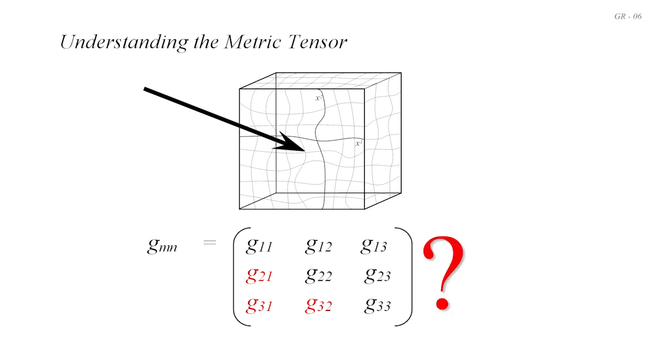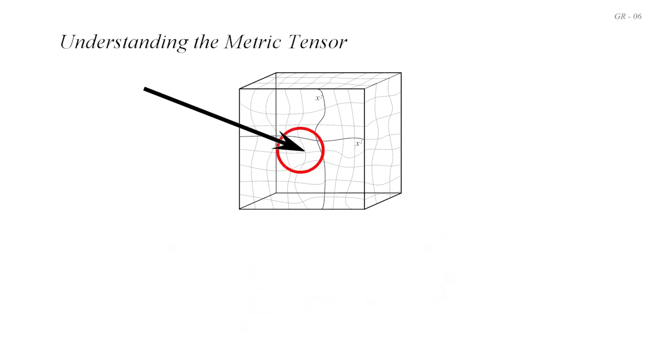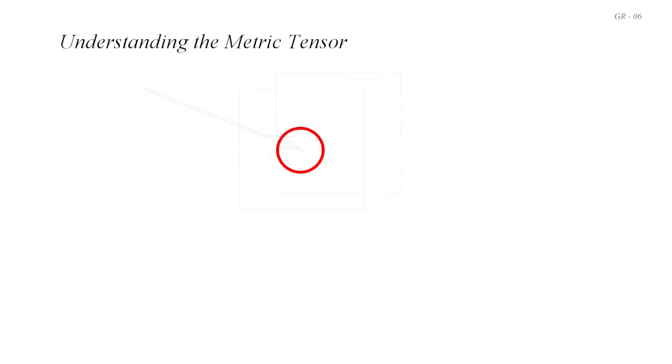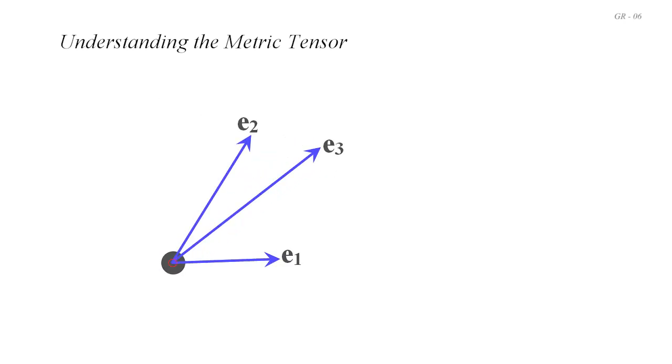What are the 6 things? Well, at the point under consideration, there will obviously be 3 basis vectors crossing through the point, something like this. And hopefully you can appreciate the 3-dimensional perspective here. E3 is supposed to look somewhat into the screen. I hope you can also appreciate that we will have 3 angles between those 3 basis vectors.